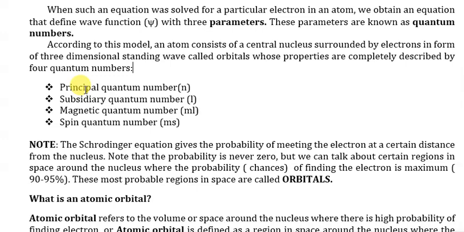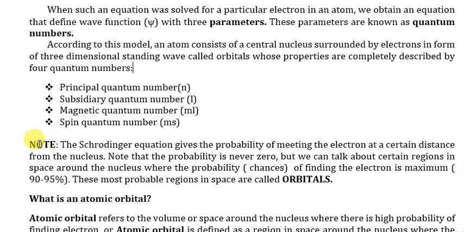We have the principal quantum number n, the subsidiary or azimuthal quantum number l, the magnetic quantum number ml, and the spin quantum number ms.